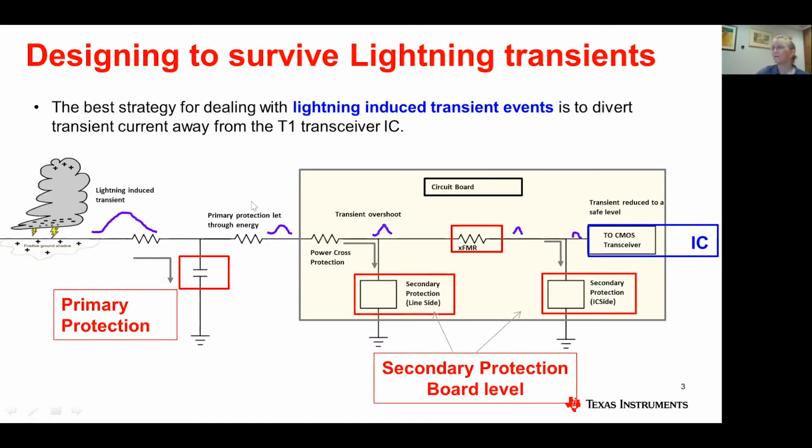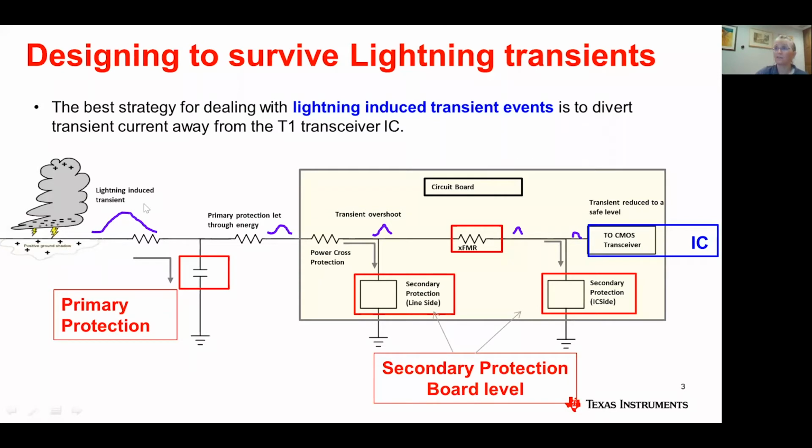Schematically, we can see here a lightning event which will induce a transient. That large transient could be quite a significant energy event, and it is diverted to ground through primary protection, outside of the system. This is something that's been deployed particularly with power and telecommunication systems, in this case something like a T1 transceiver.